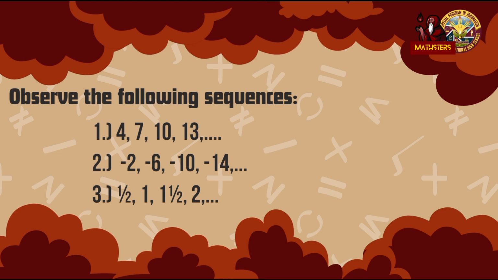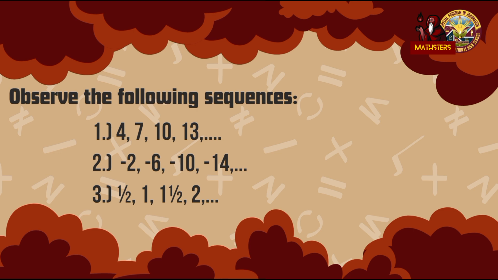Negative 6 plus negative 4 equals negative 10. And this pattern continues. Negative 10 plus negative 4 equals negative 14, and so on. The key rule in this sequence is subtracting 4 or adding negative 4 to each term.